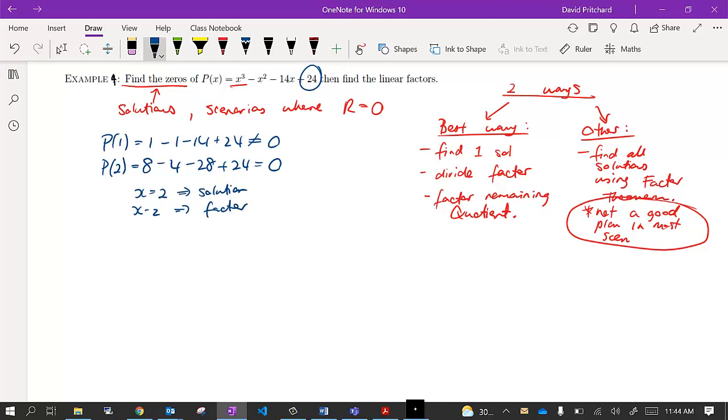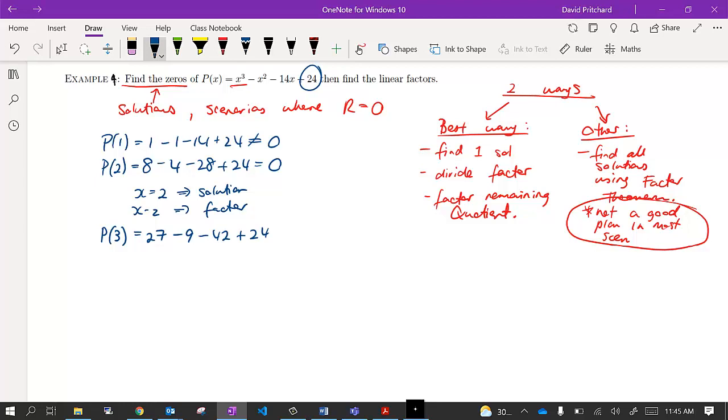We can play around for a bit. Let's try 3. So if we put 3 in, 3 cubed is 27, 3 squared is 9, 14 times 3 is 42. Sorry, that's subtract 42. And then add 24. So this one's a little bit more complex.